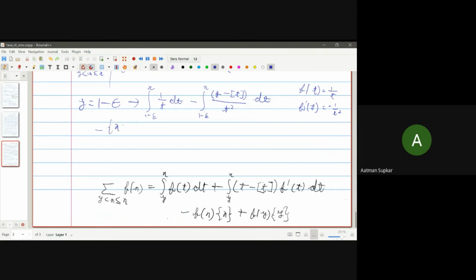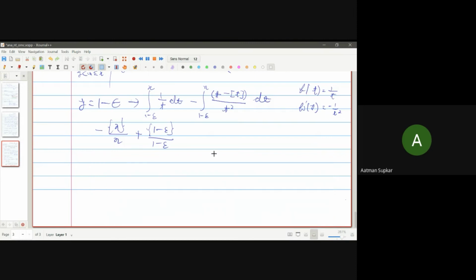Minus greatest integer x by x plus greatest integer 1 minus epsilon, y, 1 minus epsilon. Hmm, I just noticed that the fractional part would be the same. Yeah, right. Control x is right. Yeah, gone from my side.